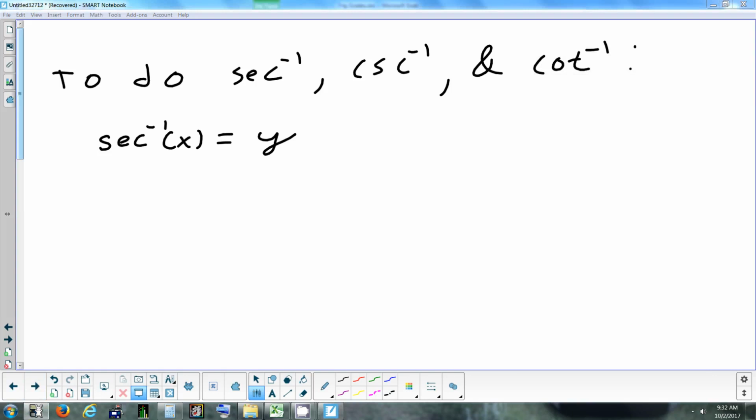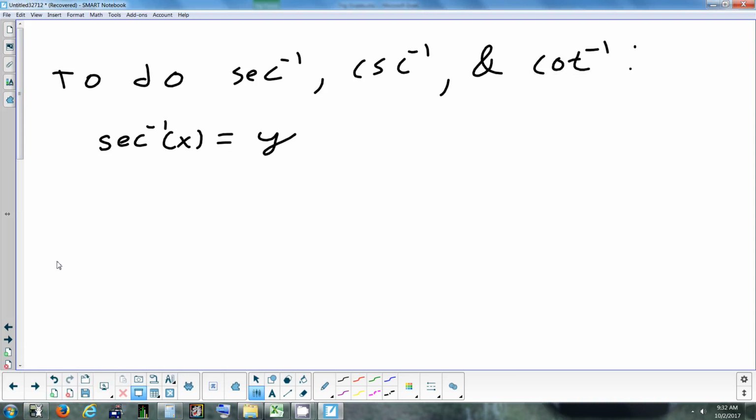Okay, the goal is to get this to be written like one of the buttons that we have, either inverse sine, inverse cosine, or inverse tangent. All right, so I'm going to show you how you can rewrite this, and then once I do that, I think you'll understand how to do inverse cosecant and inverse cotangent without going through it.